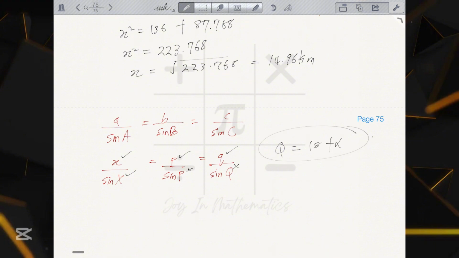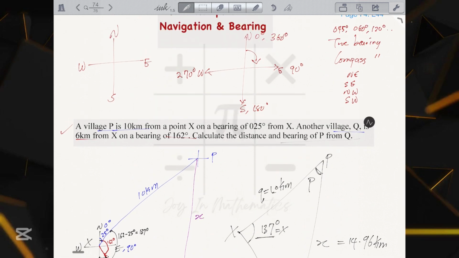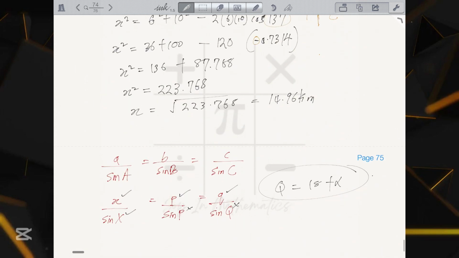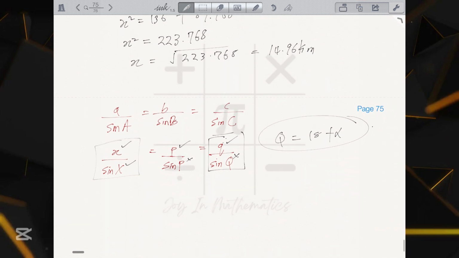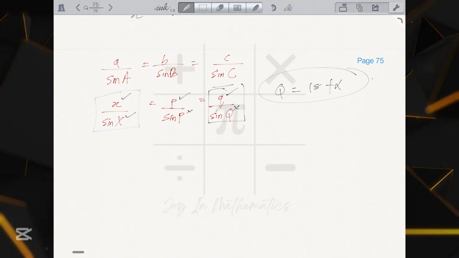Now let's go back to the question. Calculate the bearing of P from Q, which is alpha. So therefore we are going to be using x divided by sine x equated to Q divided by sine Q, so that we evaluate angle Q.